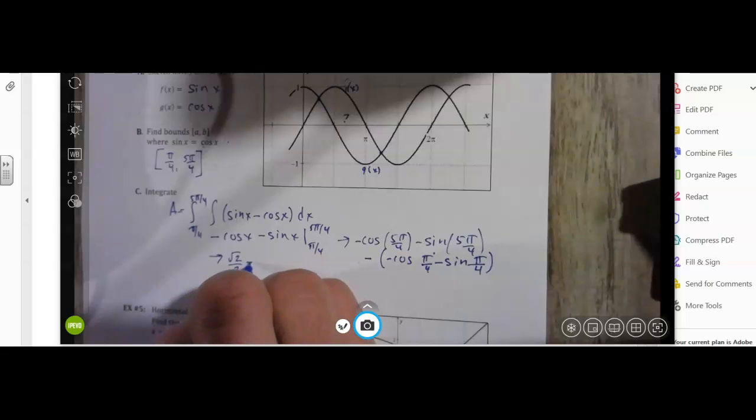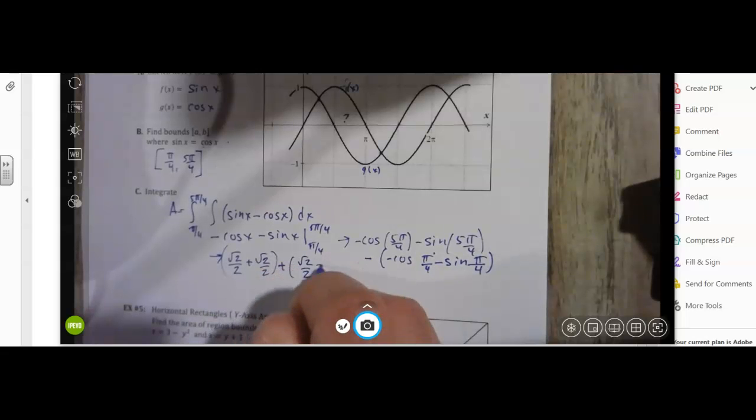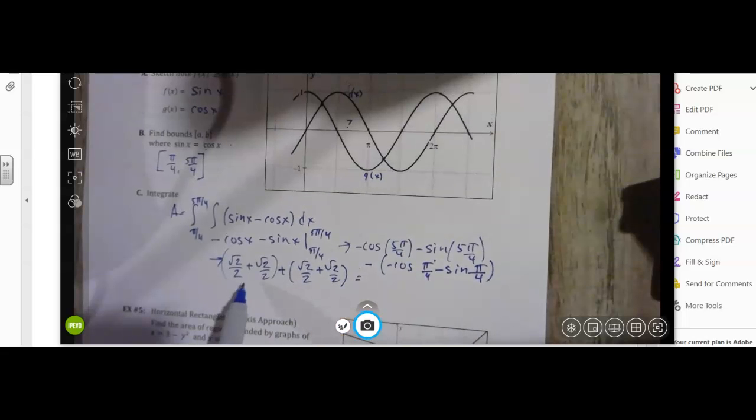So it's going to be positive radical 2 over 2 plus positive radical 2 over 2, and then radical 2 over 2 again, both positive. This is going to give us radical 2, and another radical 2. So this is going to give us 2 radical 2.